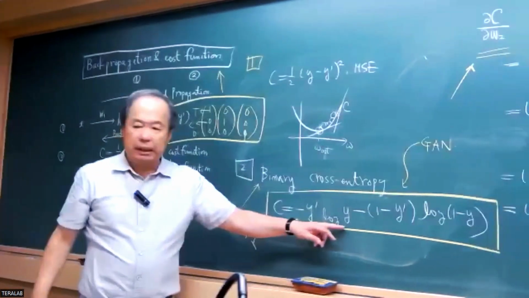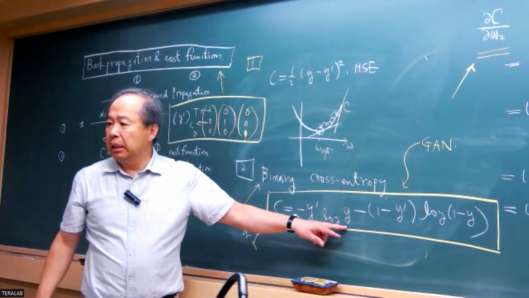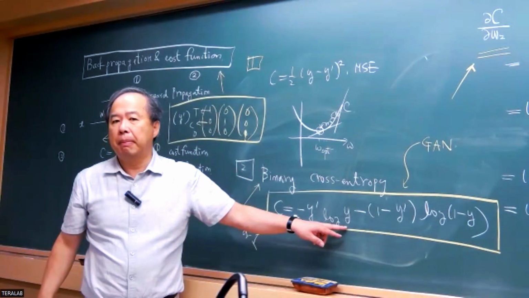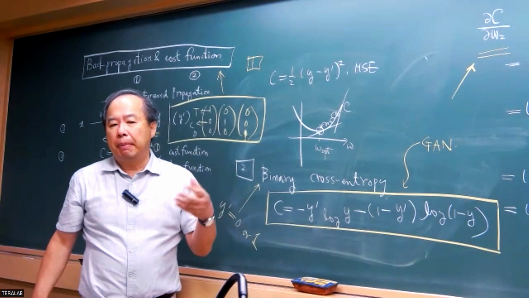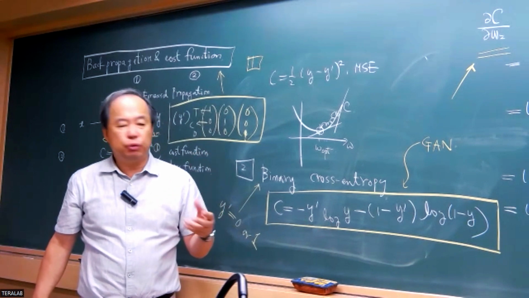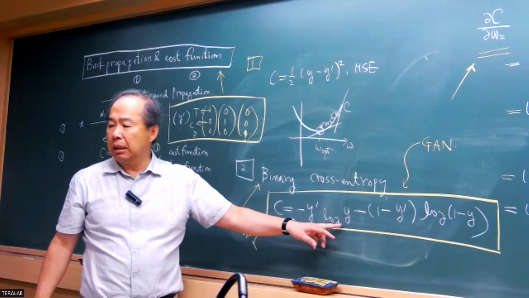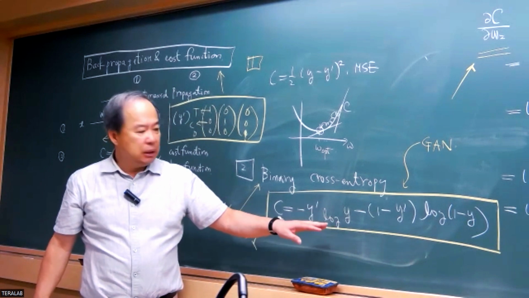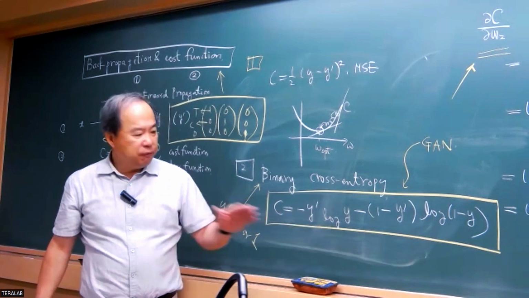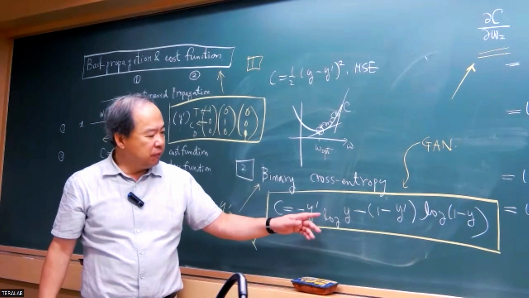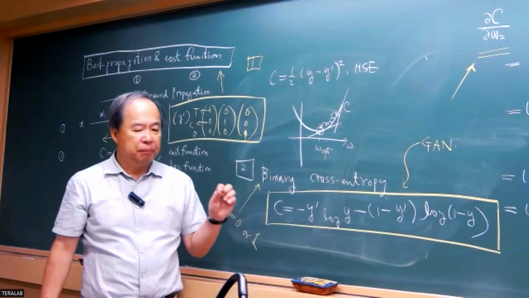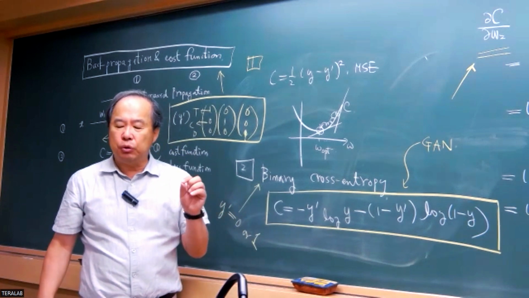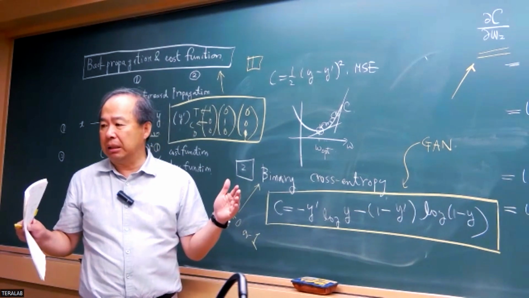And log y is usually, I would say, entropy. Entropy is the amount of information to describe y. If you have lower entropy, let's assume log y is a very small number, that means you have a big separation of data.